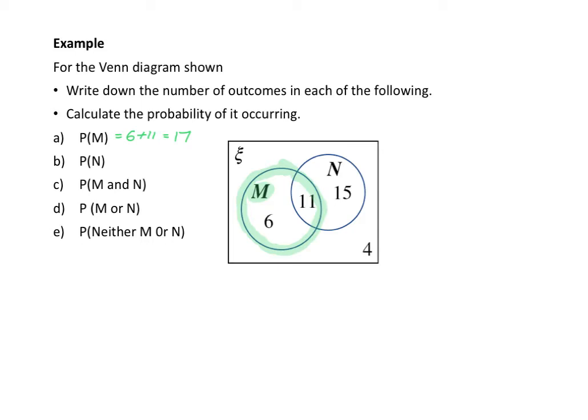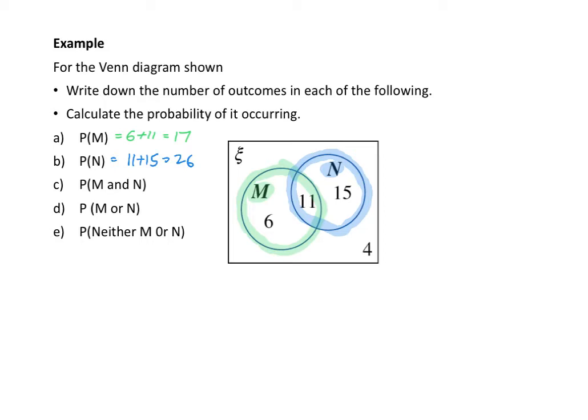So having a look now at N, and all of my N responses are contained within the second circle. So this time it is 11 plus 15. So the total number of N responses is 11 plus 15 equals 26.